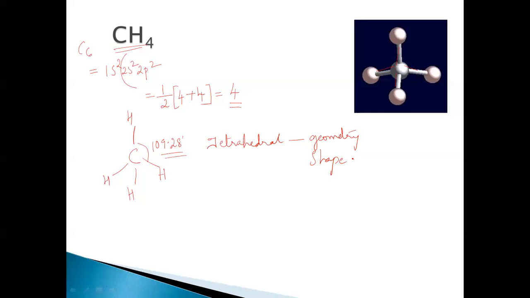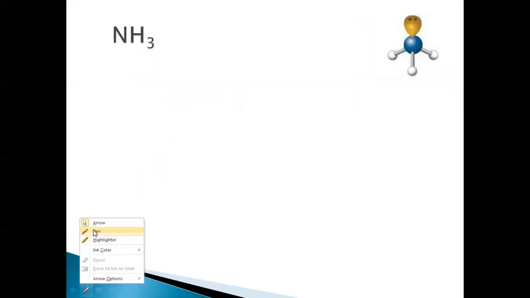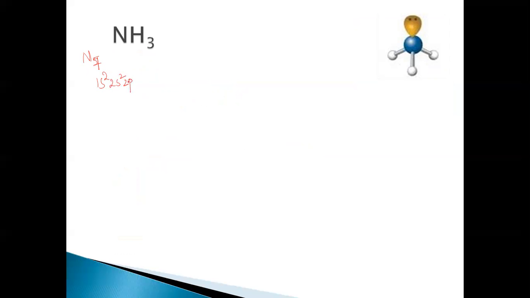Right. So, when we come to the next example, that's ammonia. Now this nitrogen is atomic number 7. So it is 1s2, 2s2 and 2p3. That means the total number of valence electrons is 5 here. So half into valence electrons plus the bonded atoms, here 4 again.